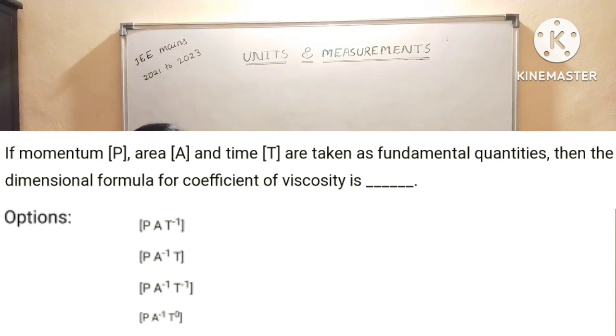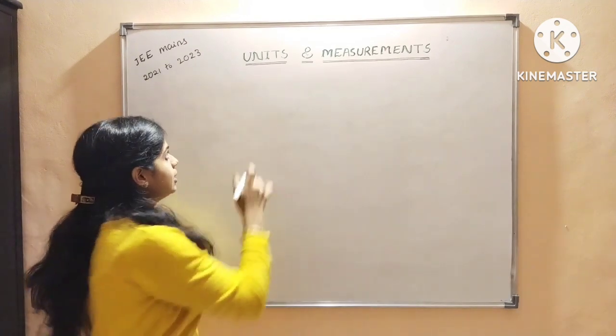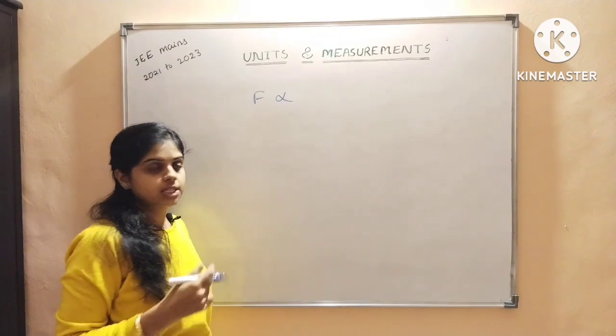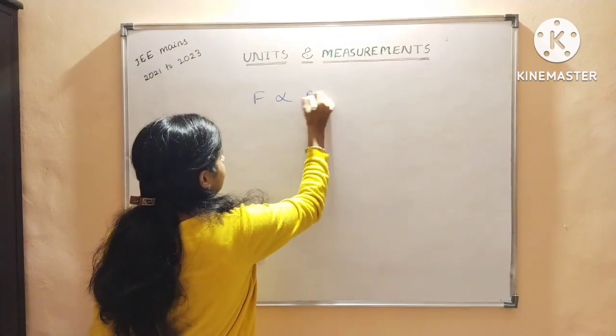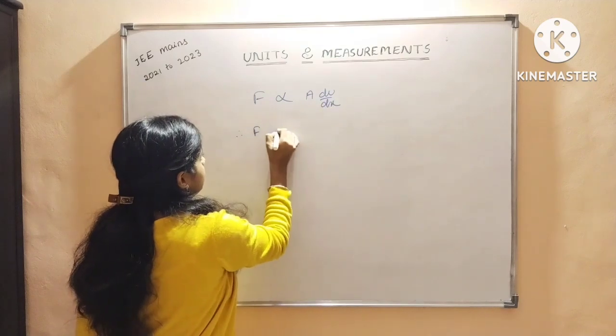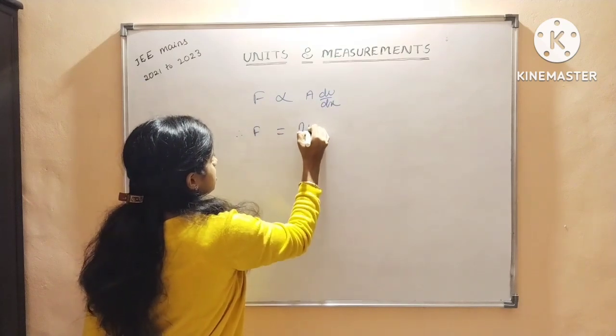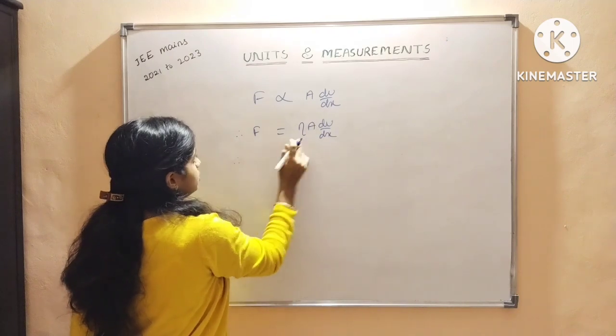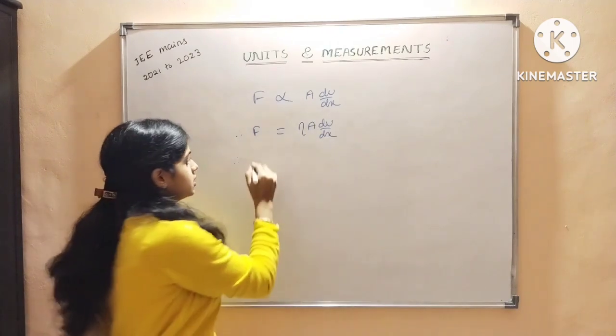Here we have to find the dimension of the coefficient of viscosity. Viscous force is directly proportional to area and velocity gradient. Therefore, F equals some constant into area into velocity gradient. That constant is nothing but the coefficient of viscosity.